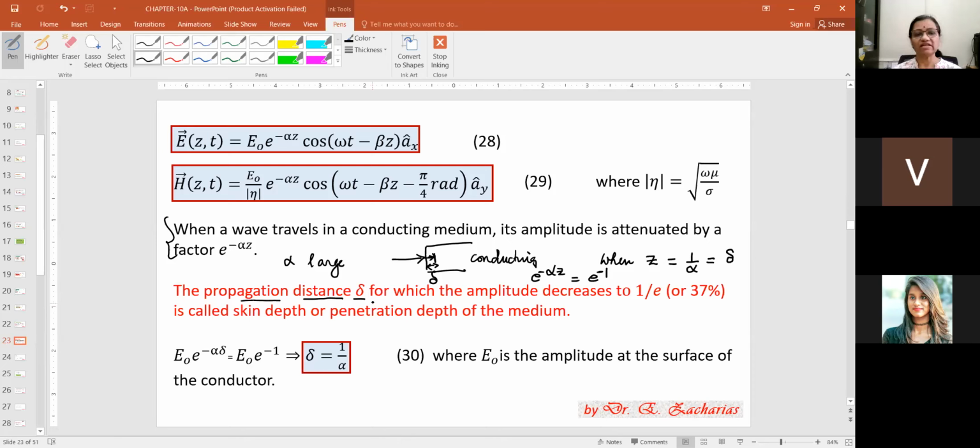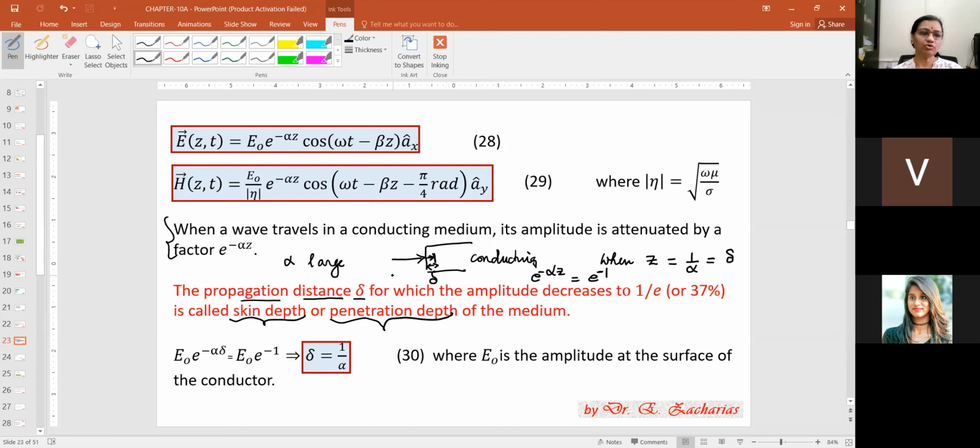Propagation distance delta is the distance at which the amplitude decreases to 1 by e, which is 37% of the value at the surface. Delta is also called the skin depth or the penetration depth.